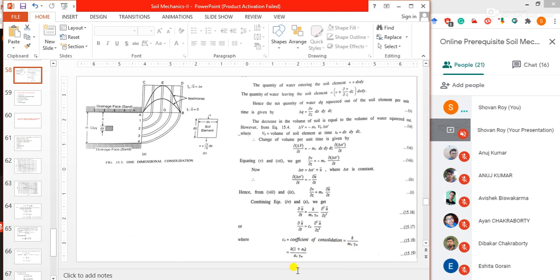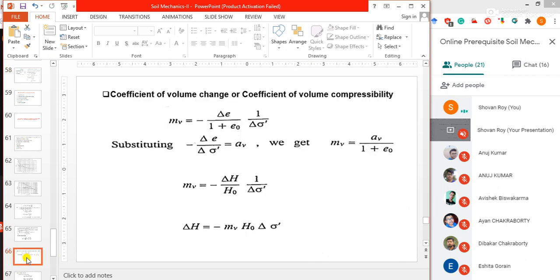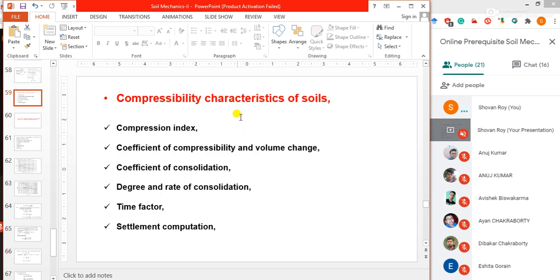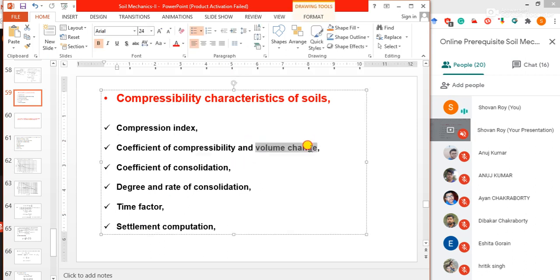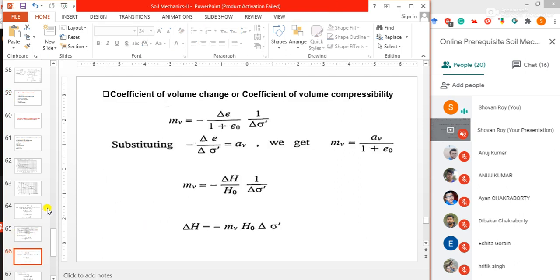Because MV equals AV by 1 plus E0, it was used here. The coefficient of volume change or coefficient of volume compressibility, MV, is another term under the compressibility characteristics of soils. MV can be represented as AV by 1 plus E0, as you can see in the slide.